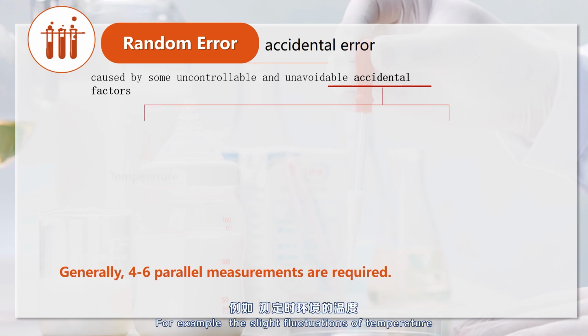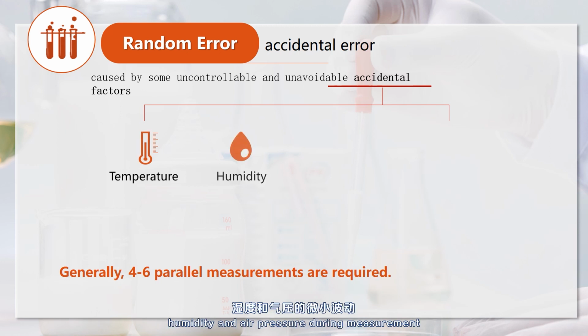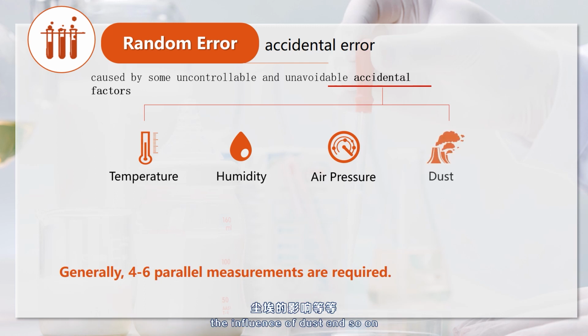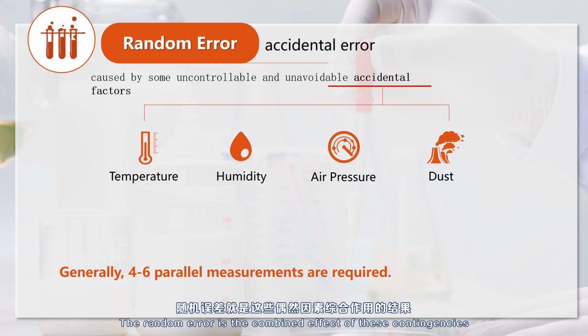For example, the slight fluctuations of temperature, humidity, and air pressure during the measurement, the influence of dust, and so on. These factors are difficult to be detected or controlled, and not possible to be avoided. The random error is the combined effect of these contingencies, and its value determines the precision of the analysis results.